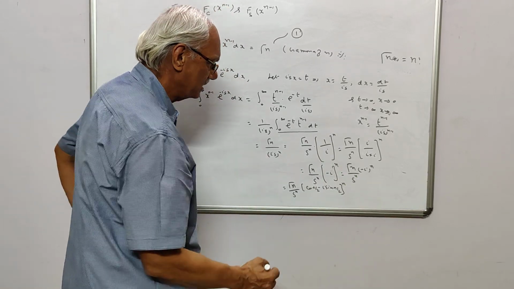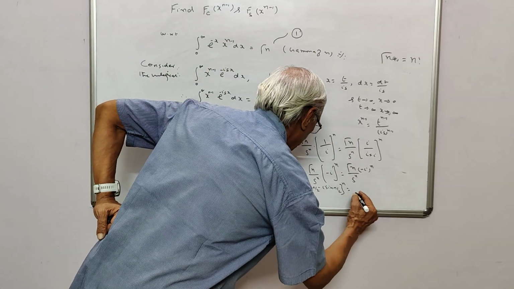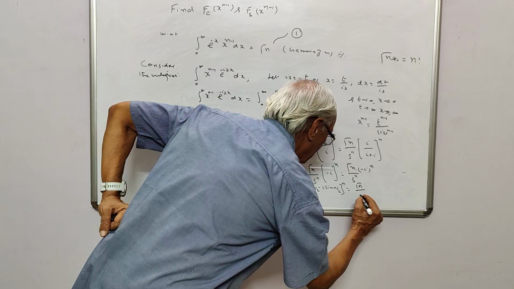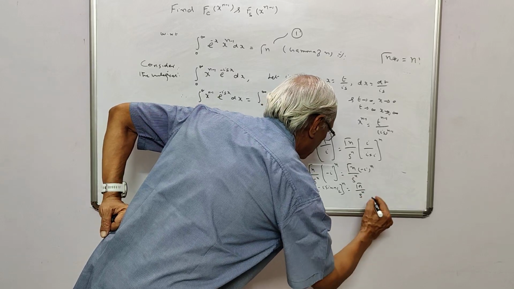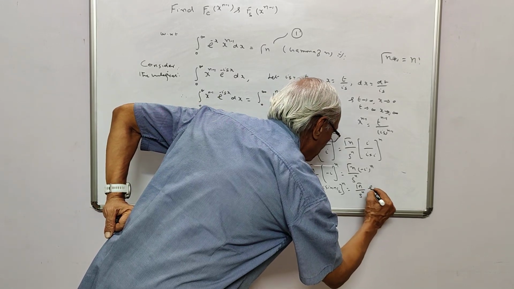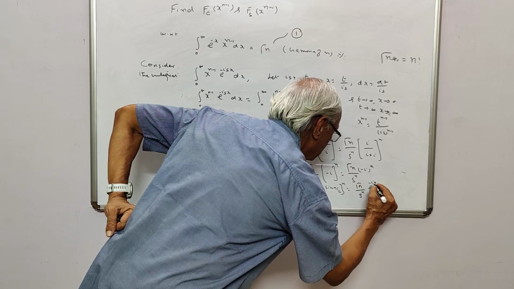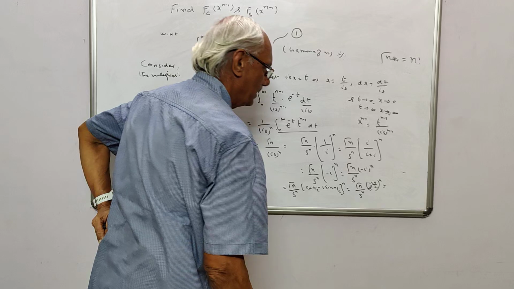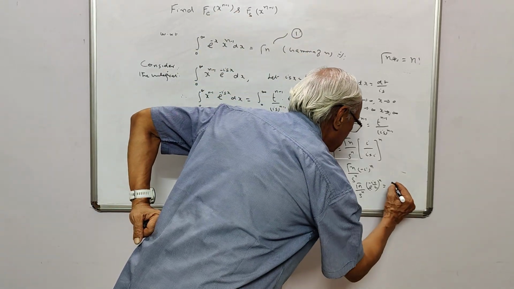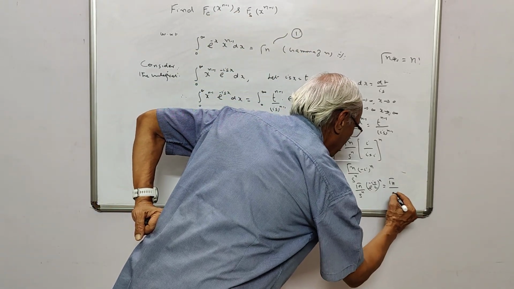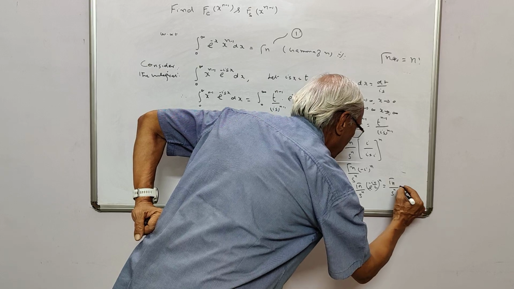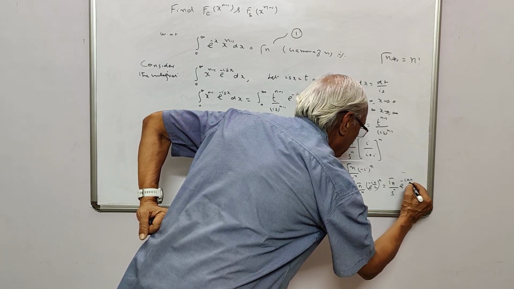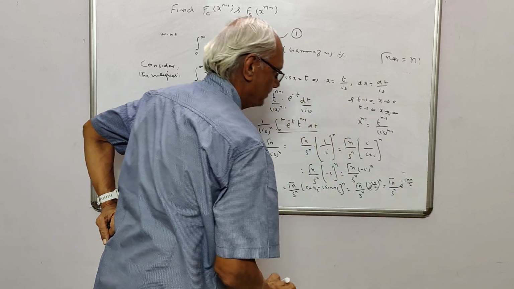Now using De Moivre's theorem, this is nothing but gamma of n divided by s to the power of n, and this is e to the power of minus i pi by 2 whole to the power of n. That is equal to gamma of n by s to the power of n, e to the power of minus i n pi by 2.